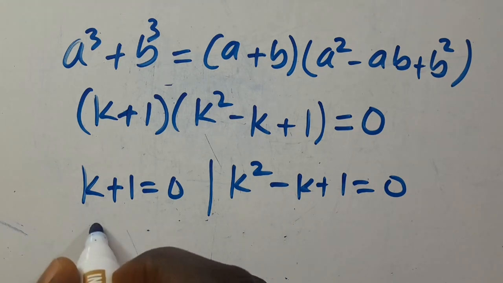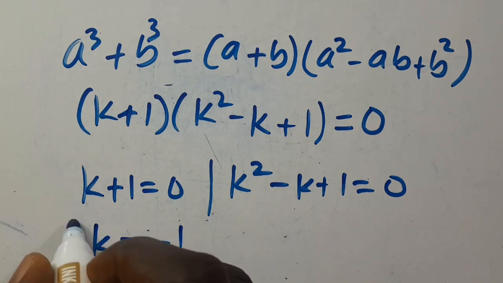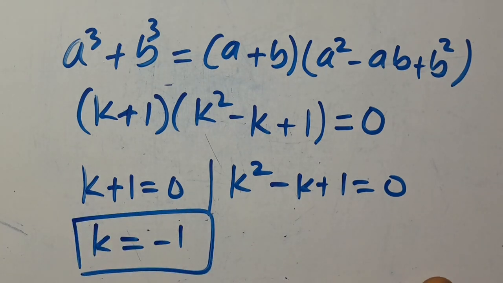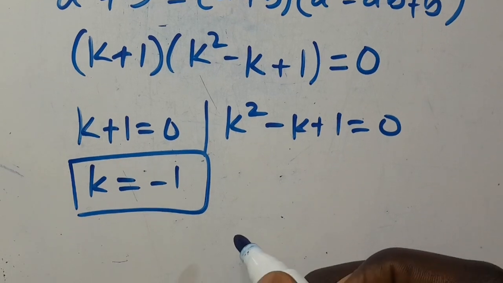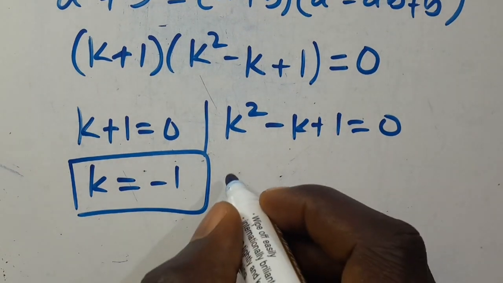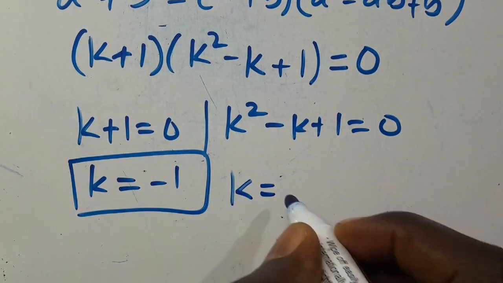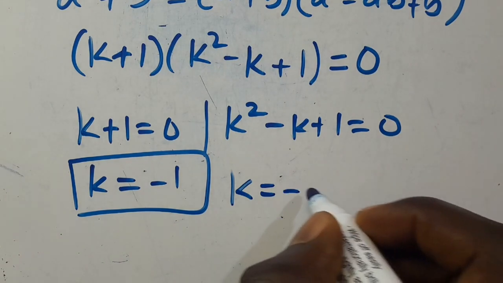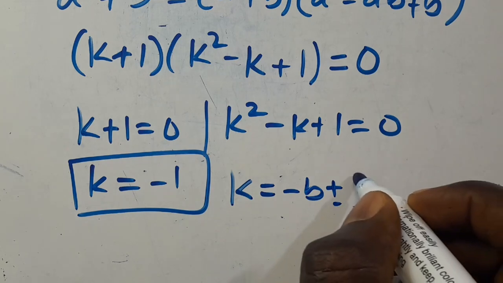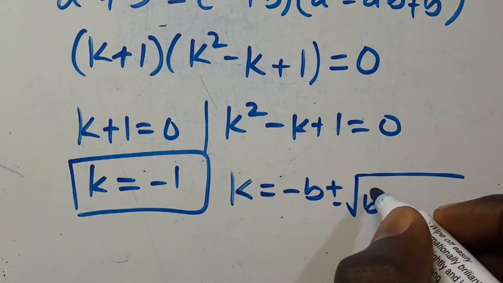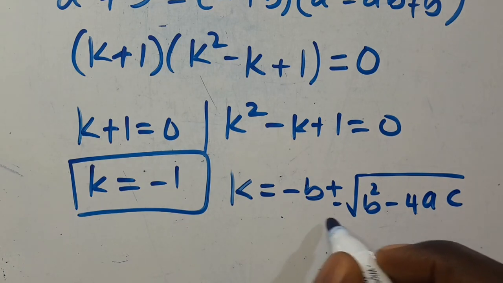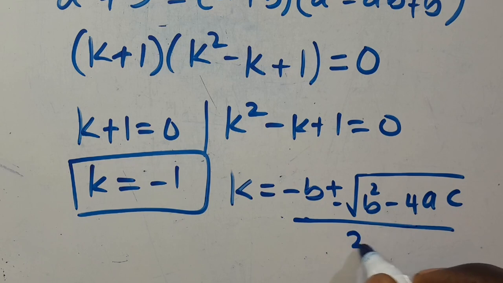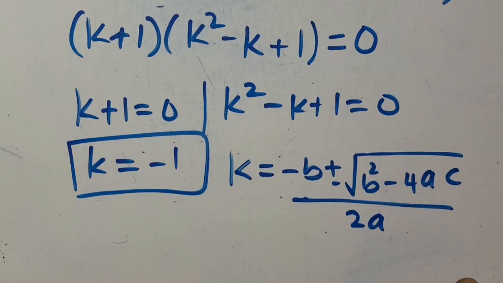And so from here we have k equals minus 1 as the first obvious real solution. From here we can also get the other possible values of k using the quadratic formula: k equals minus b, positive or negative, square root of b square minus 4ac, divided by 2a.